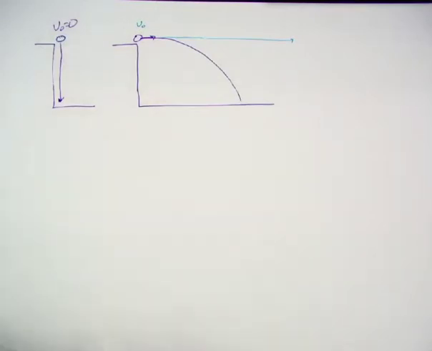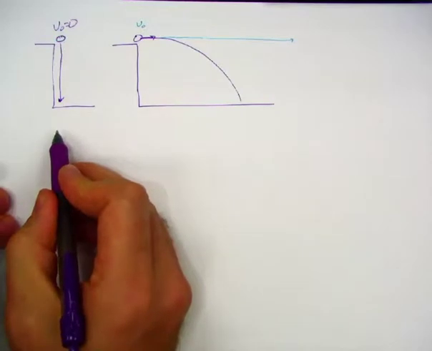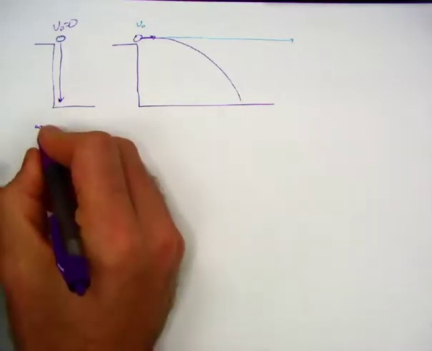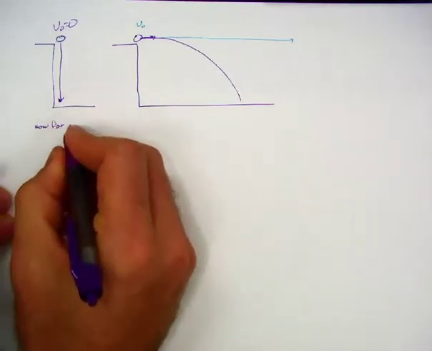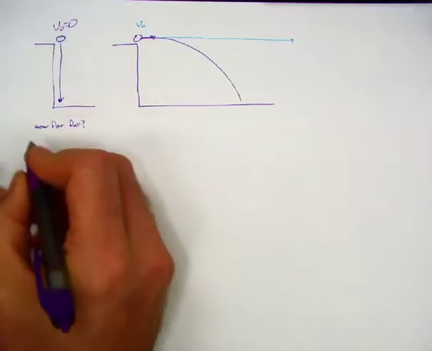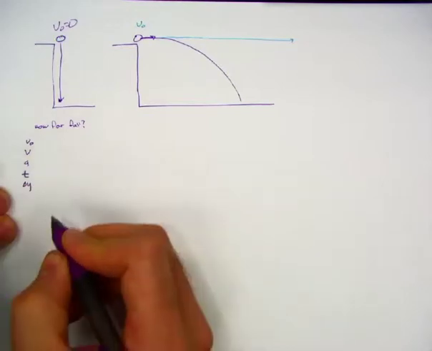Let's calculate, for example, for this case, the ball just dropping straight down. Let's calculate how far does it fall in 1 second, 2 seconds, 3 seconds. So how would we do that? We have v0, v, a, t, delta y.